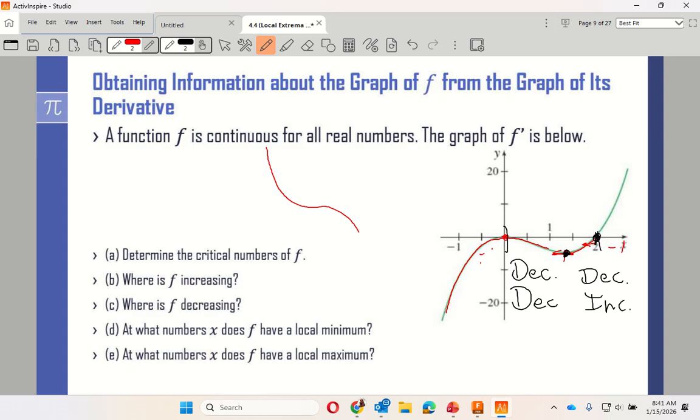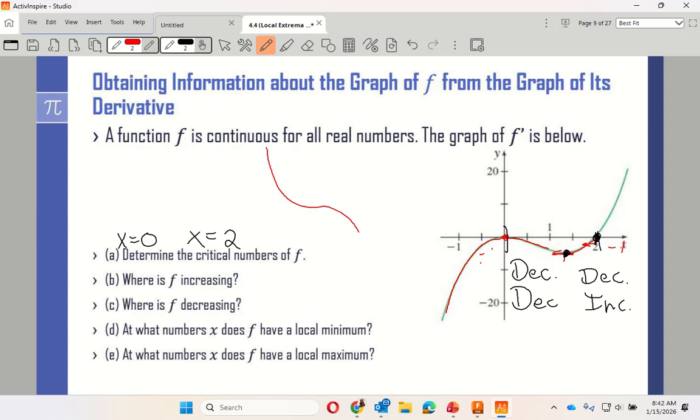So, let's go with critical numbers. So what critical numbers do I have here? 0 and 2. What are critical numbers again? How would I get a critical number?